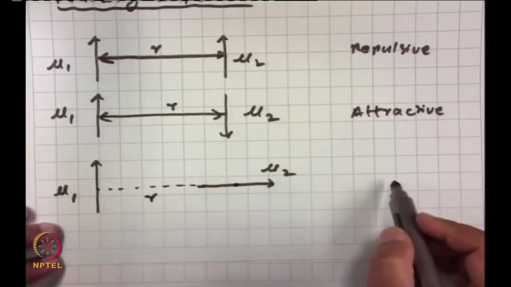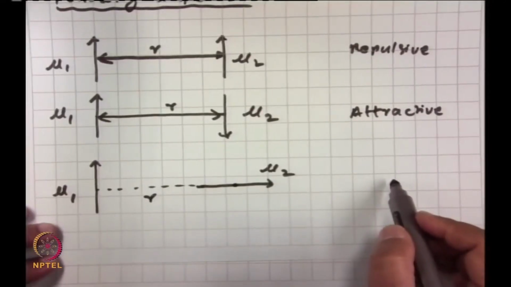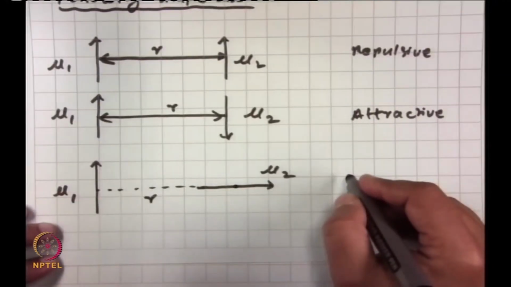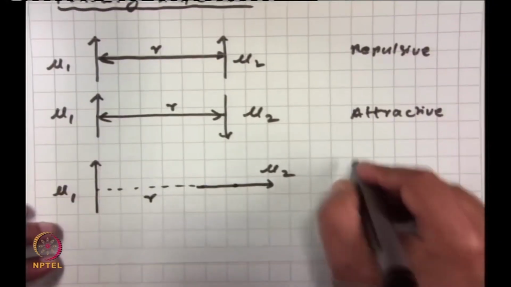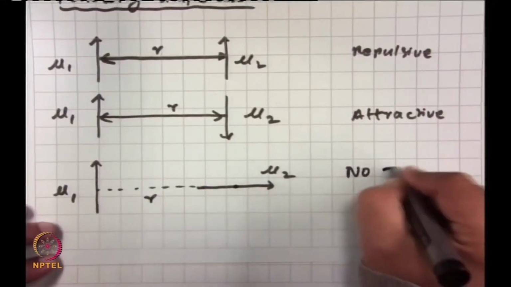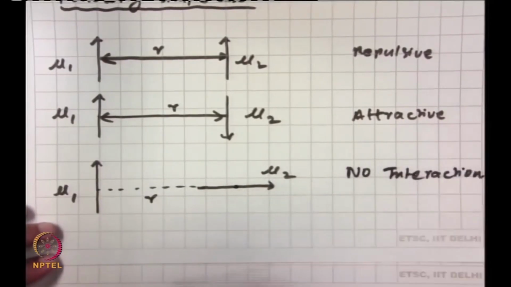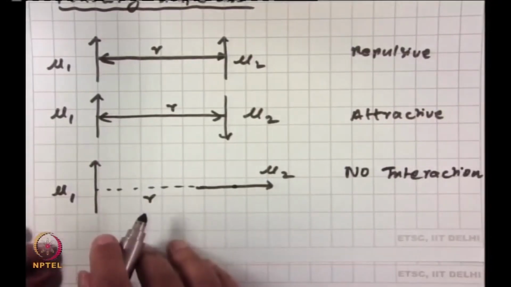Now here you have to tell me, would this be attractive, would this be repulsive? My hunch is, and this you have to figure out yourself, there would be no interaction. You understand why, right? There would be no interaction.